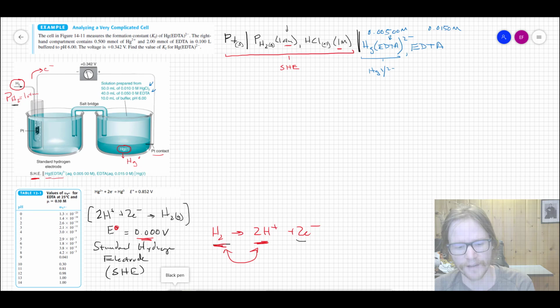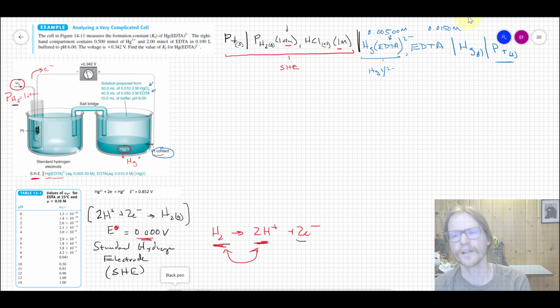Those are technically what we have in the solution, and then the final phase boundary here will be mercury liquid. And if you want to be really obvious and clear here, then you would also write platinum solid, because the platinum is actually in contact with mercury, and there's a phase boundary there between the liquid and the solid, though this won't actually matter in terms of the full cell, so that's why it's left out in the cartoon here.